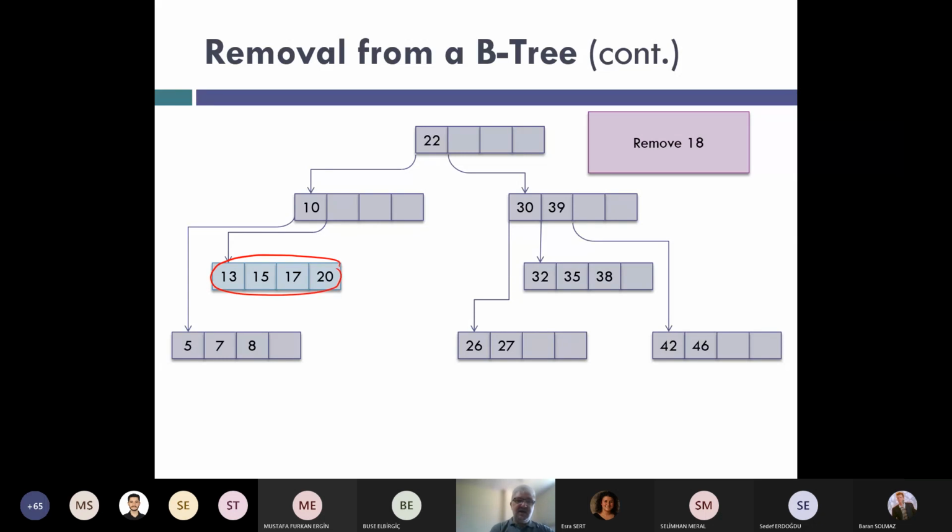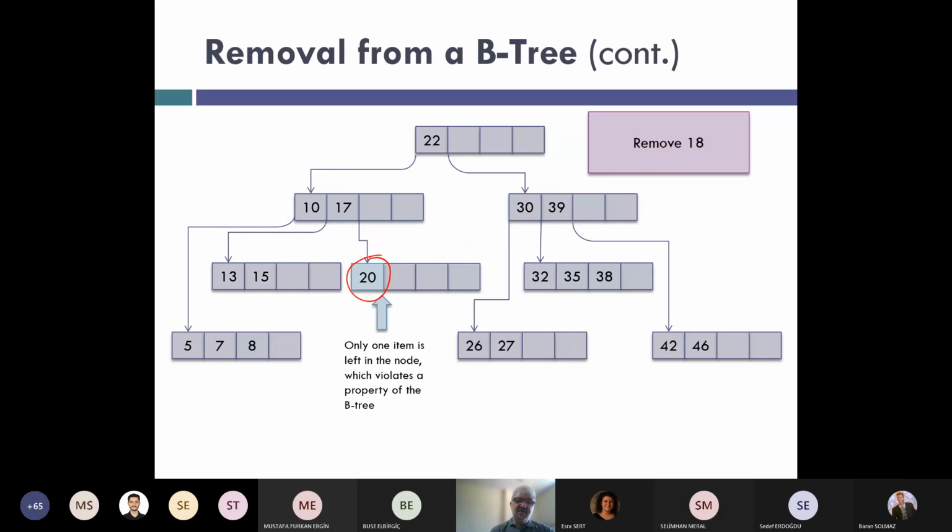So we delete a node, and when you look at this parent, now the parent becomes less than half full, so we have to merge with its sibling and the parent value. As you see, in here, we merge with the left sibling, right?